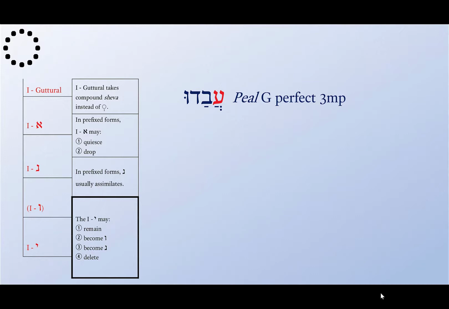In prefixed forms, which includes imperfect, but there are also other cases, other kinds of prefixes, the one aleph may quiesce or drop. So quiescing has to do with the aleph being there in the form, but having lost its consonantal value. And then dropping may not be expected, as in this case. So this is a hafel imperfect third masculine plural.